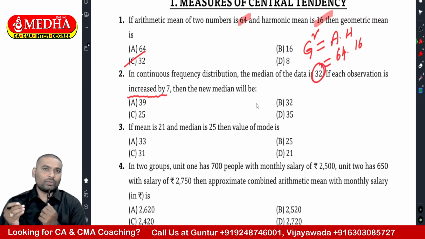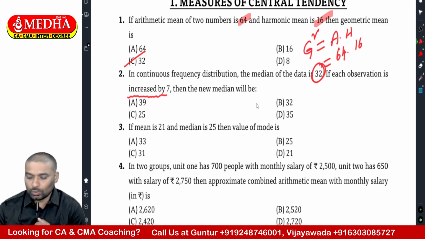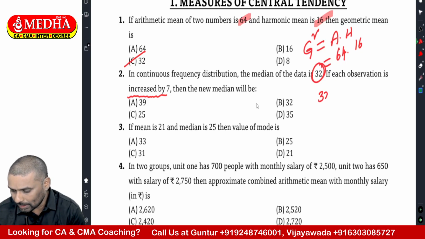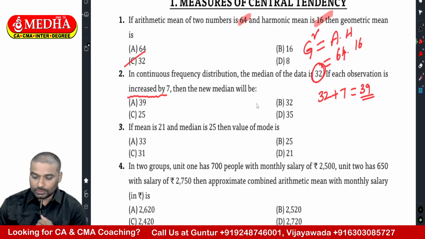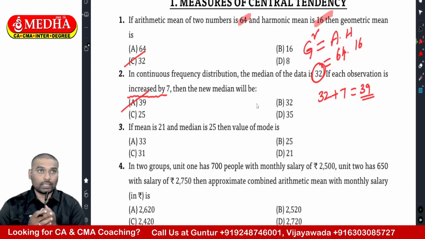If each observation is increased by 7, then its median is also increased by 7. So the median is 32 plus 7, that is 39. The value of the median is 39. Then option A is correct.